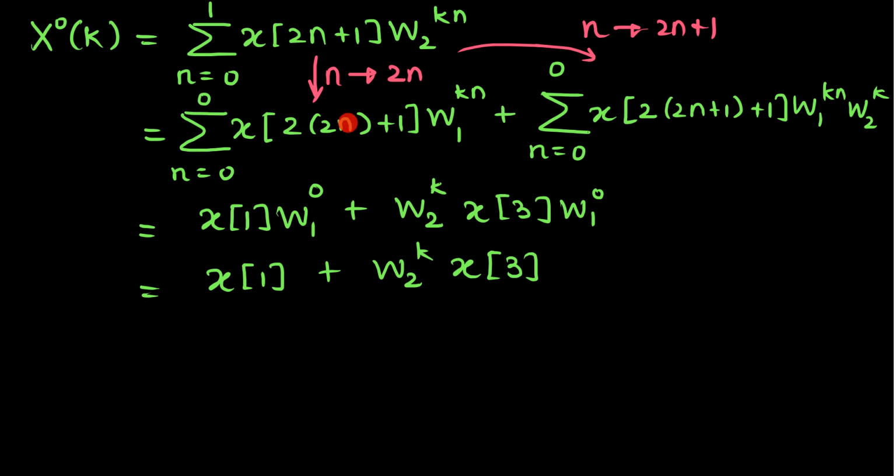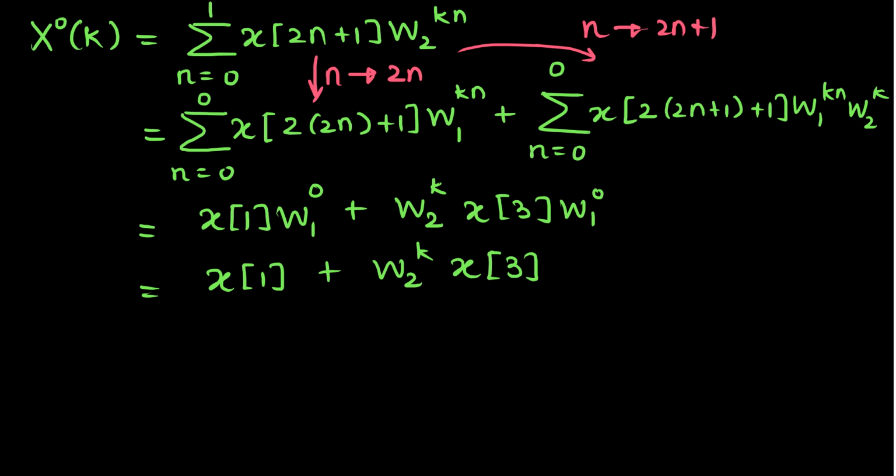When we simplify it and substitute the value of n as 0 in both the equations, what we obtain is x1 W1 to the power 0 plus x3 W1 to the power 0 into W2 to the power k.